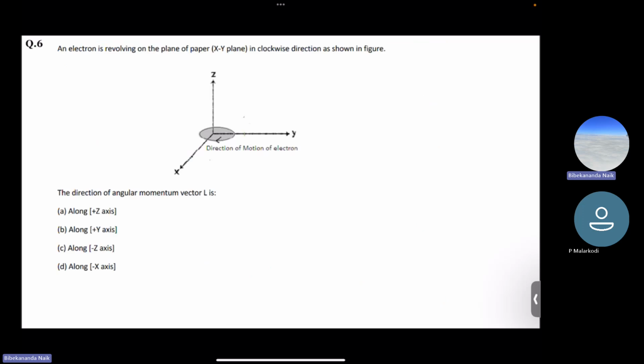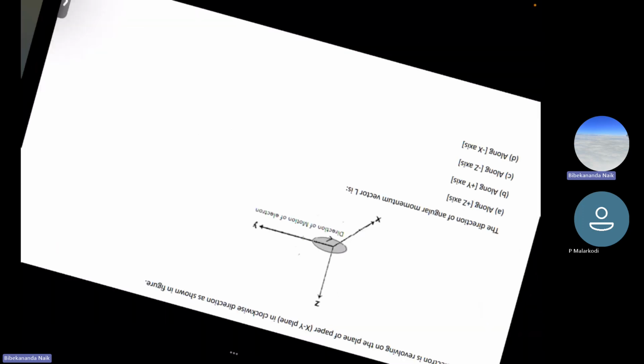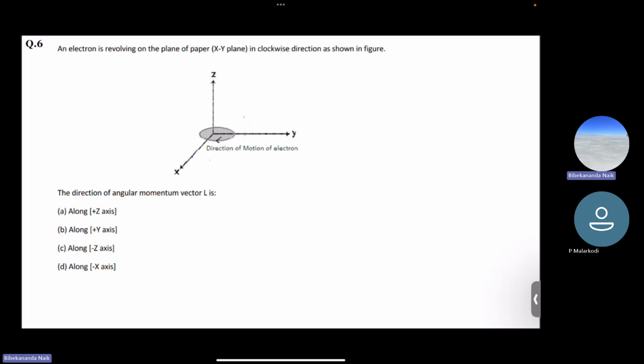Question number 6 says, an electron is revolving on the plane of paper, that is in xy plane, in clockwise direction as shown in figure. The direction of angular momentum vector L vector is along, options are option A along plus z direction, option B along plus y axis, option C along minus z axis, or along minus x axis. These are the 4 options. So here you see it revolves.